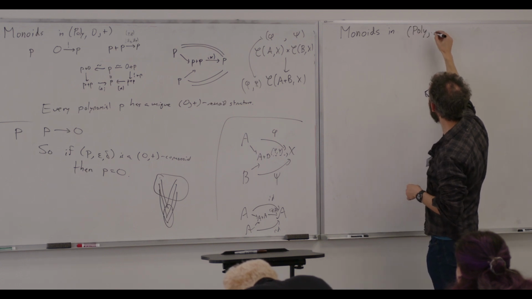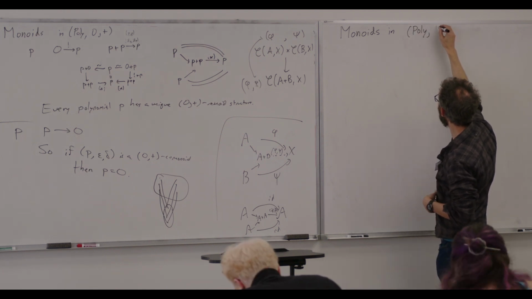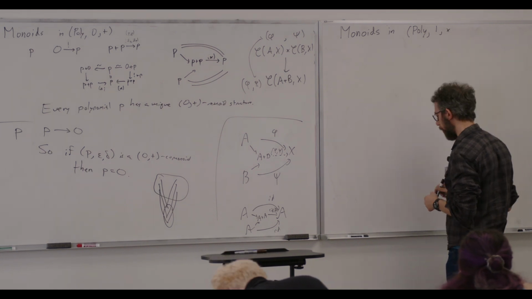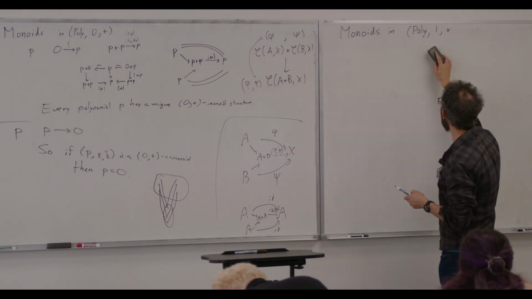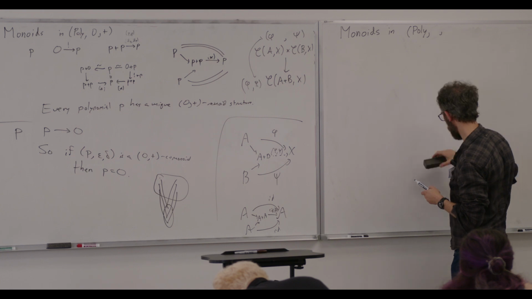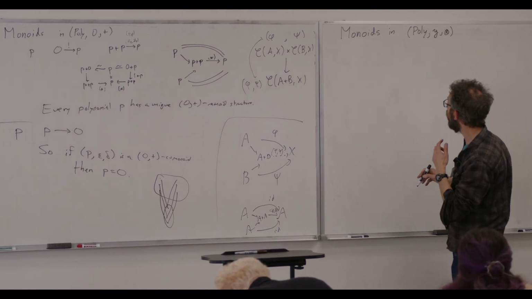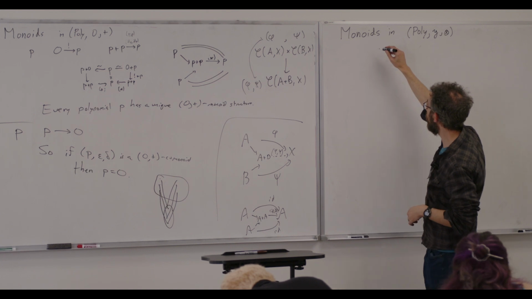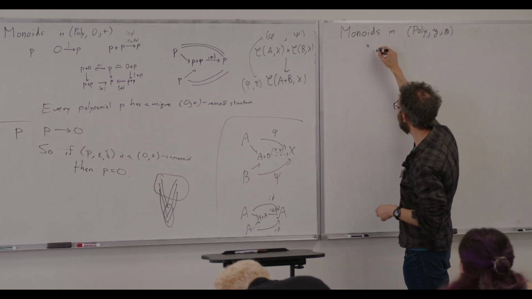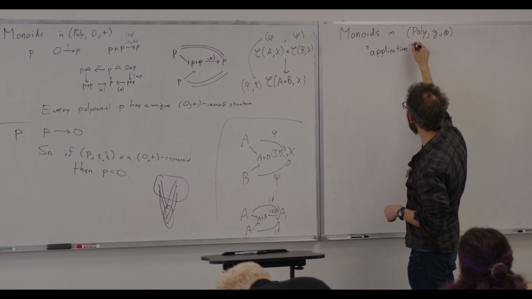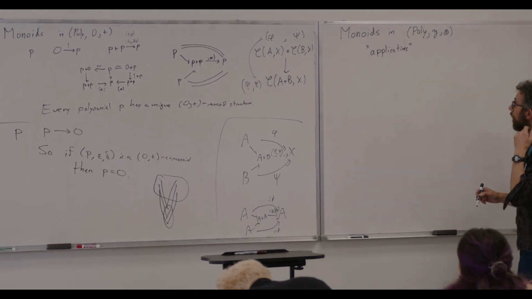poly. Actually, I kind of feel like we should do Y tensor first, because you guys are more used to tensor, and then we'll go the other one later. These are called, in functional programming, applicatives, or polynomial applicatives.